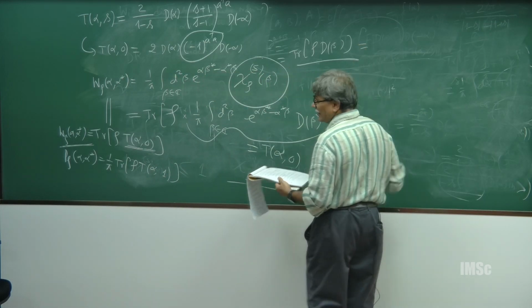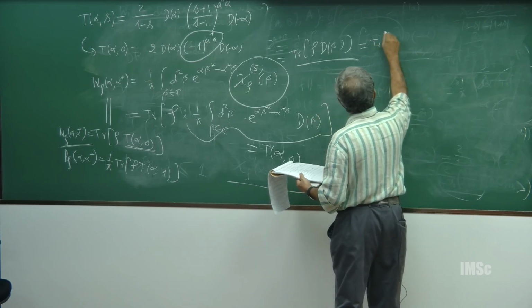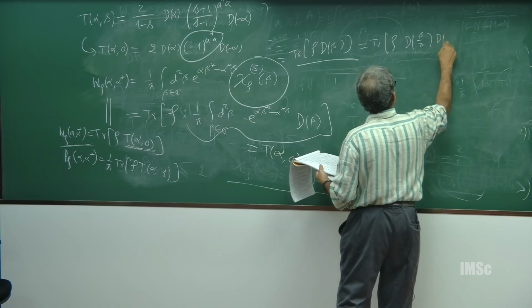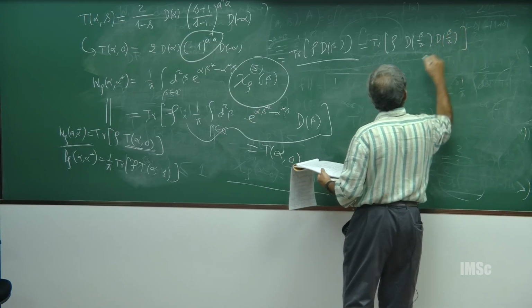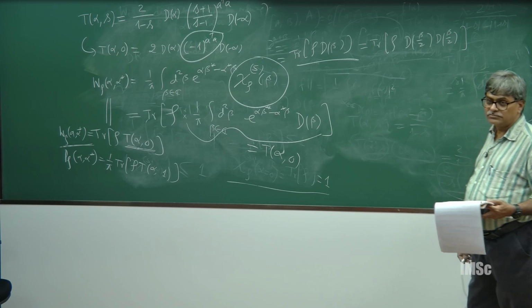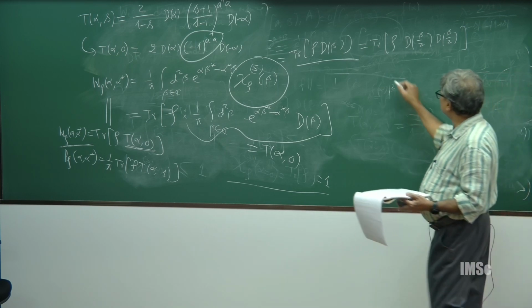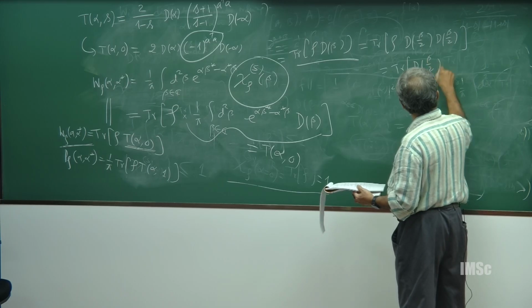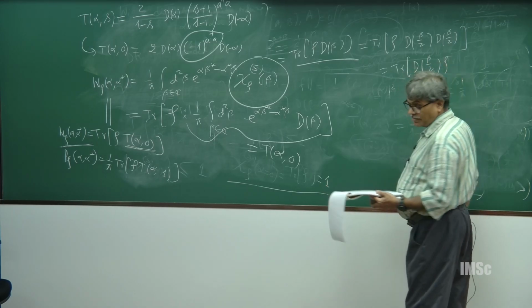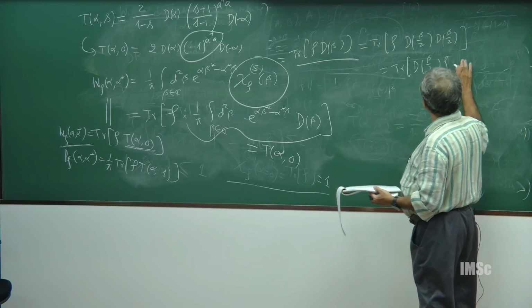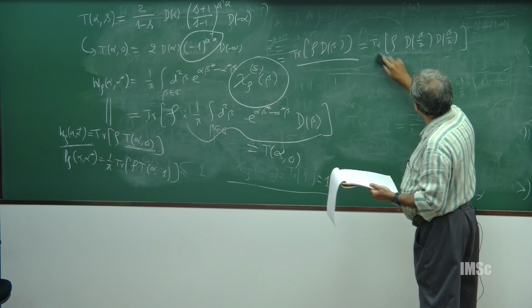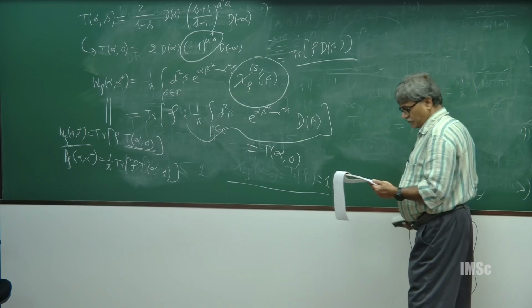What you are saying is, can I write it like this: trace of D of beta by 2, D of beta by 2? We can do that, but I was trying to move things within the trace, and then that will not help, because you need a dagger here.